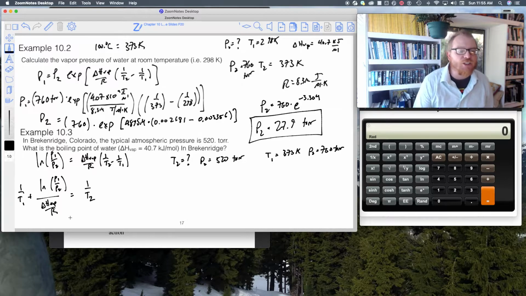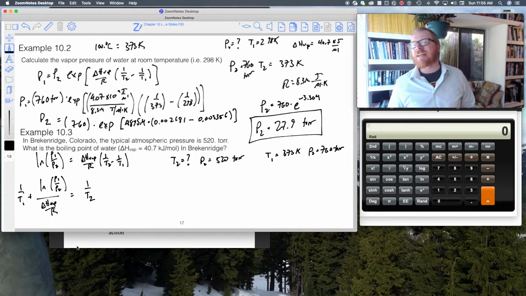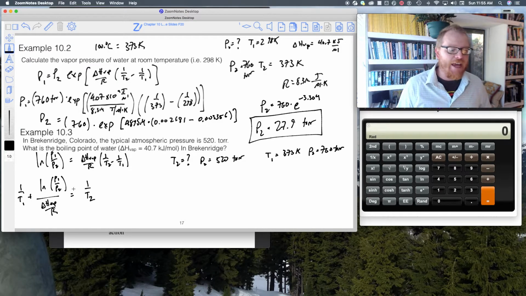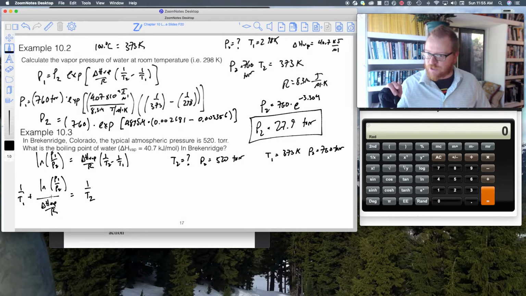So basically, I tried to isolate T2 as best as I can because that's what I'm calculating. And it might be tempting for you to further this algebra and just flip it, 1 over. But the way that I like to do this is calculate all of the stuff that's on the left, and then I'll flip my final answer at the end. Okay? So let's plug some stuff in.